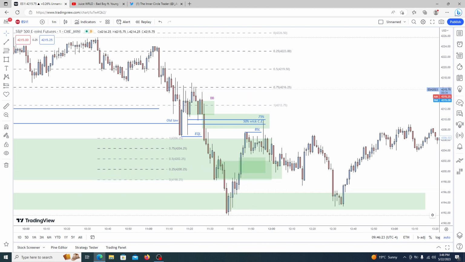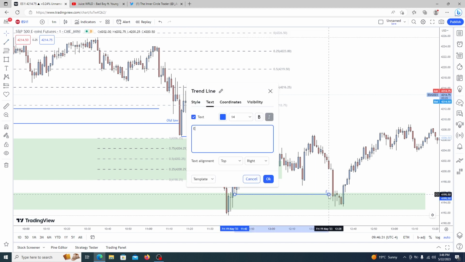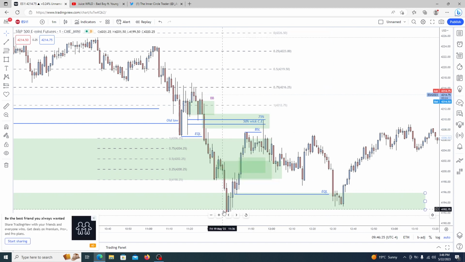You could also have taken a target at these equal lows, and then you have these all lows down here.